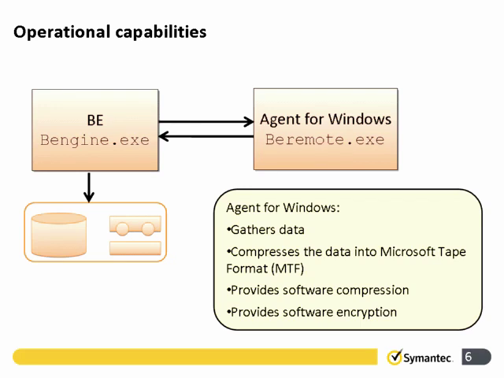It can provide software compression or encryption depending on how the backup is configured. So beremote is responsible for gathering up all the data and sending it across the wire to beengine, which is the executable that is responsible for taking that data and committing it to the final destination.